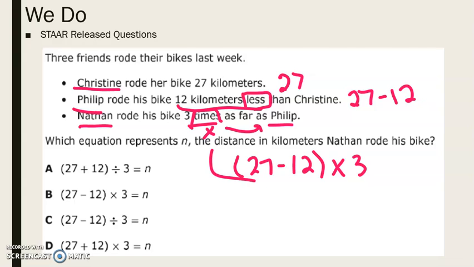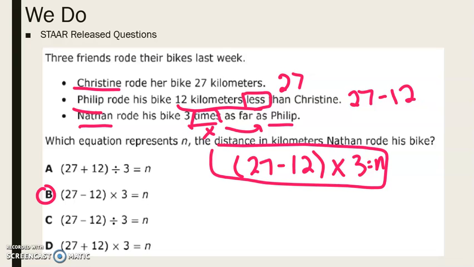So this equation will give us the amount that Nathan rode his bike. Okay? And I look on my answer choices and I see that B matches that answer choice: 27 minus 12 times 3 equals N.